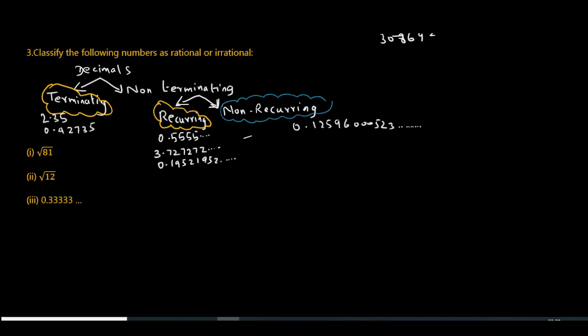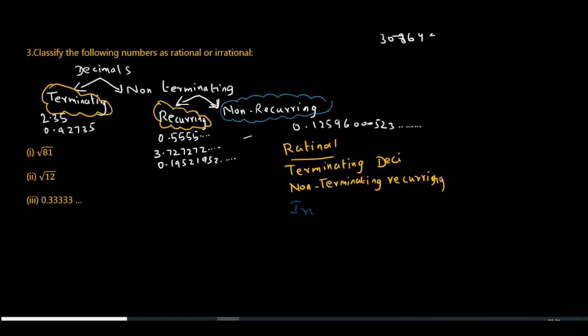One is rational, which are: terminating decimals and non-terminating recurring decimals. These two are rational numbers.